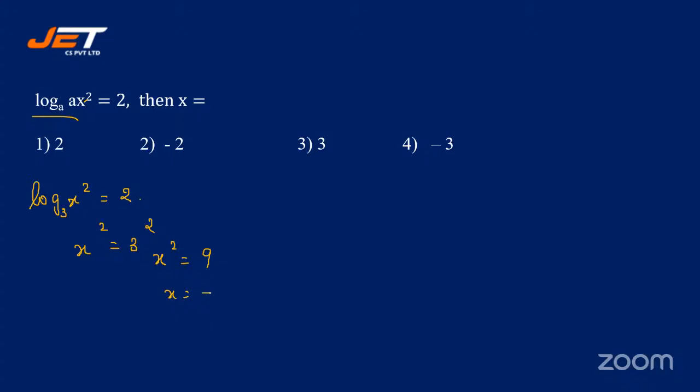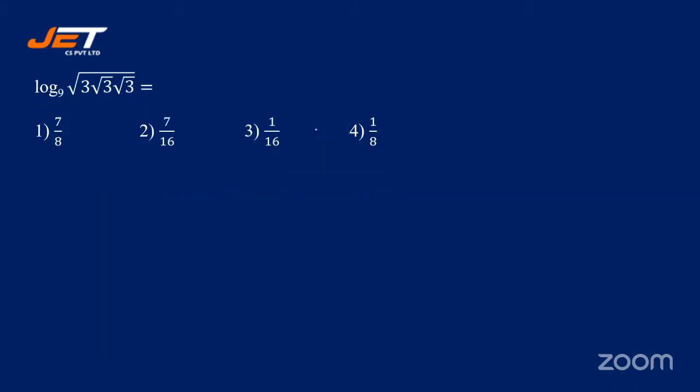X is equal to plus or minus 3. Okay. So here we are taking only the positive value when it comes to log. So the answer should be the third one, that is x is 3. All right. So you can just quickly make the corrections in the sum. All right. Now let's move on to the next sum.